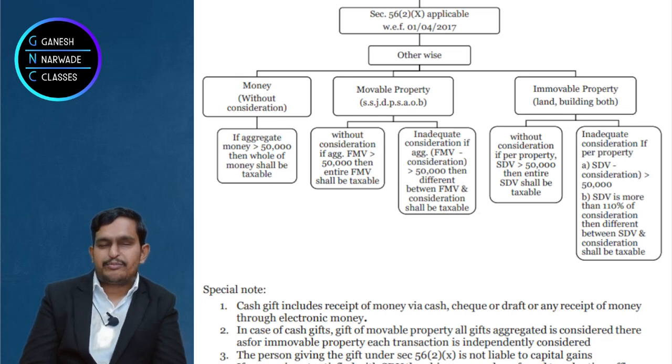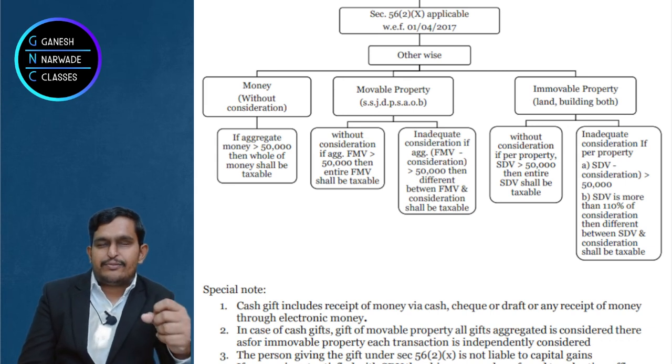Okay, clear? Very good. Now I got two lands as gifts from my friends. One land is worth 30,000, the second land is worth 40,000. Tell me, will I be taxed under other sources for receiving the gift? The answer is no, because this is immovable property.